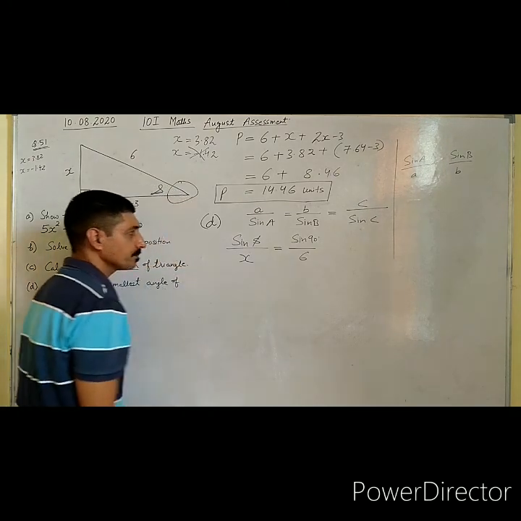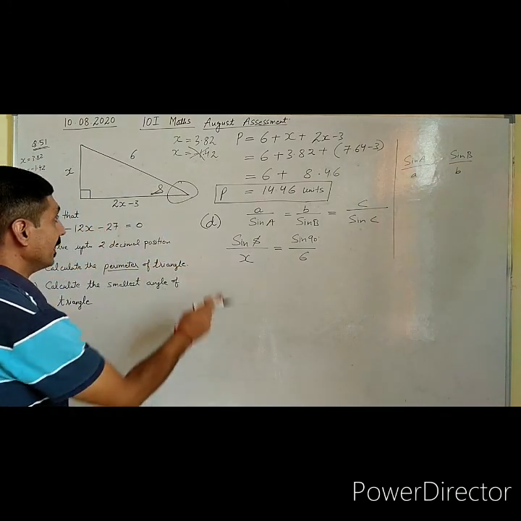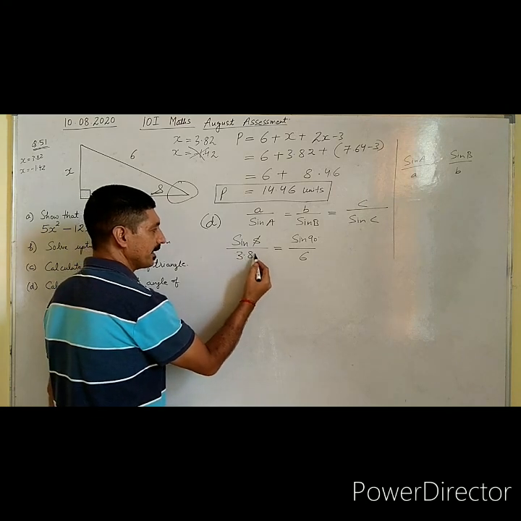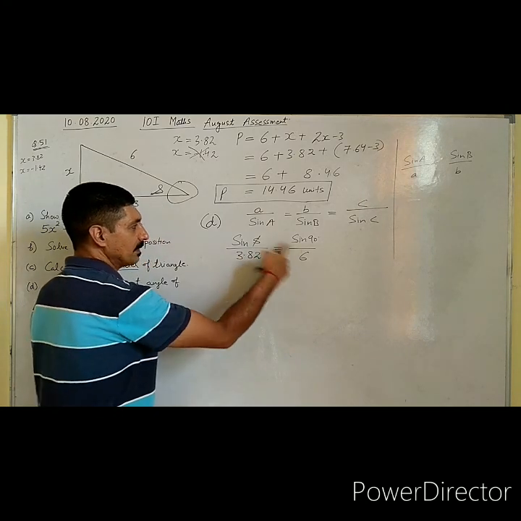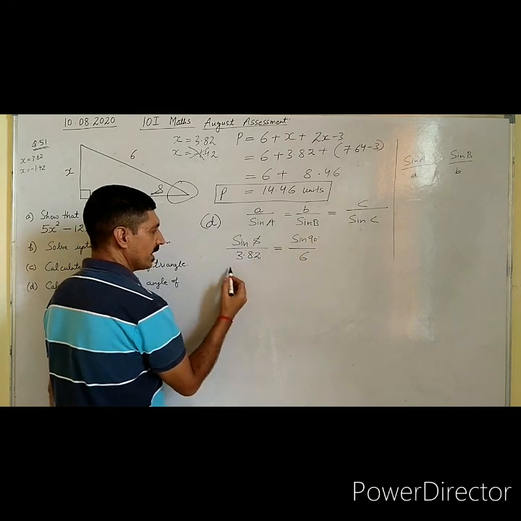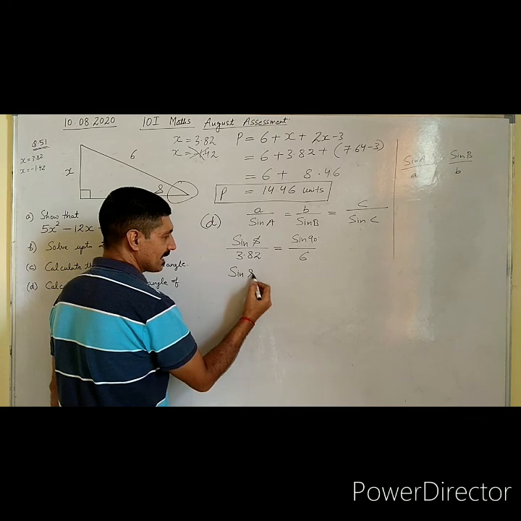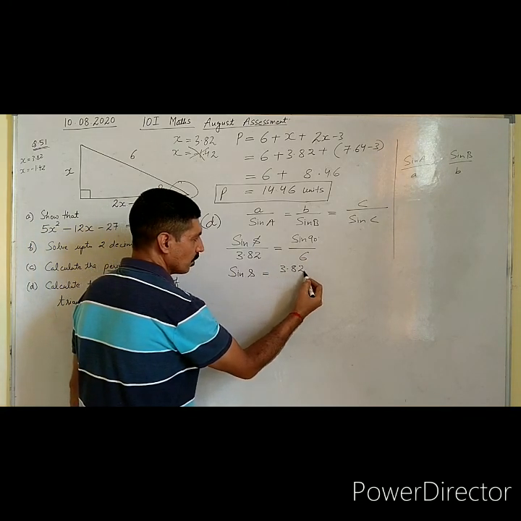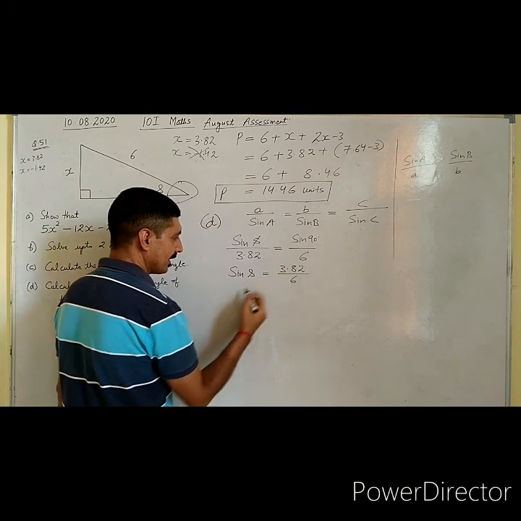Sine 90 is 1. Substituting the value of x, that is 3.82, and cross multiplying, we have sine of s equal to 3.82 upon 6.